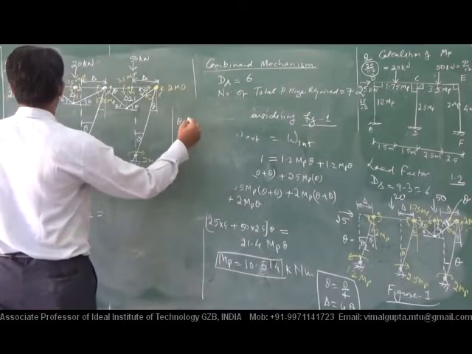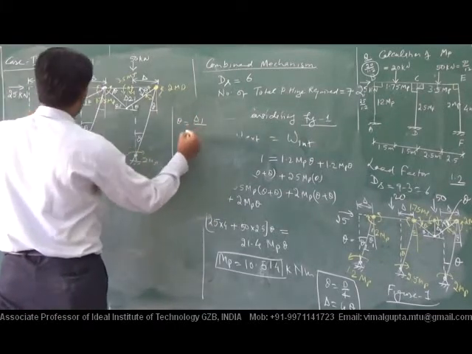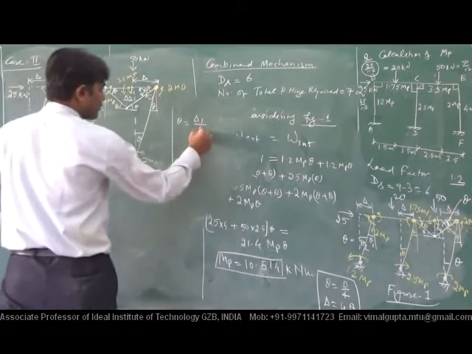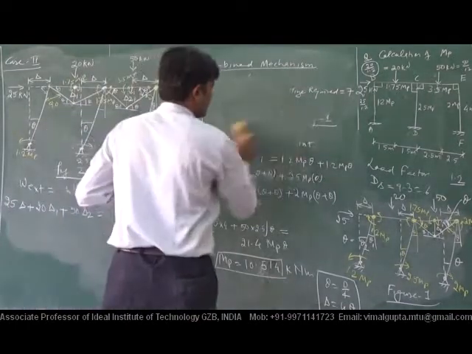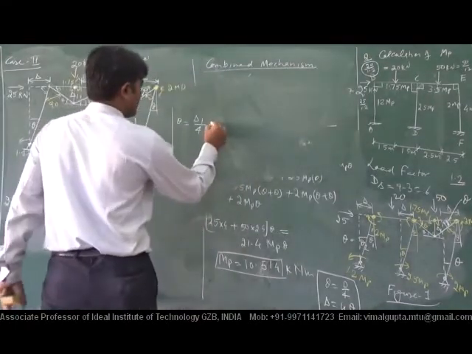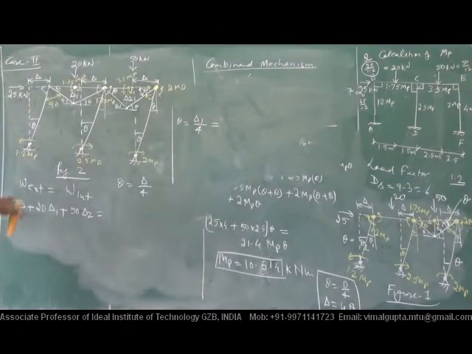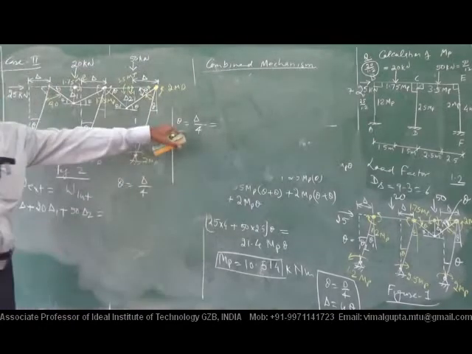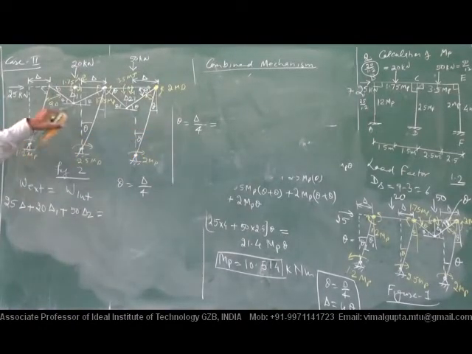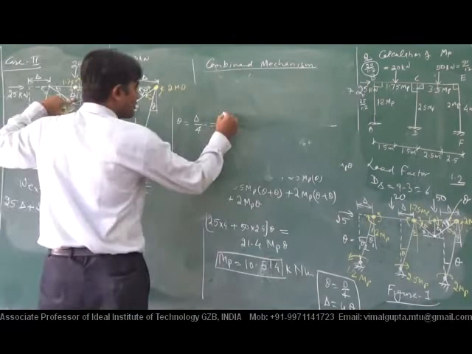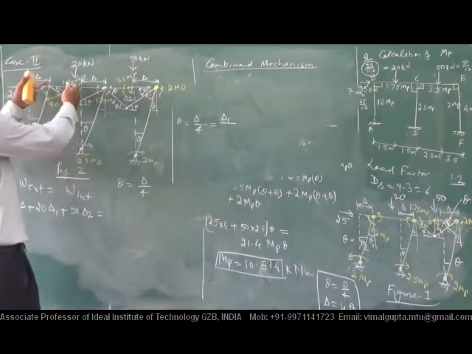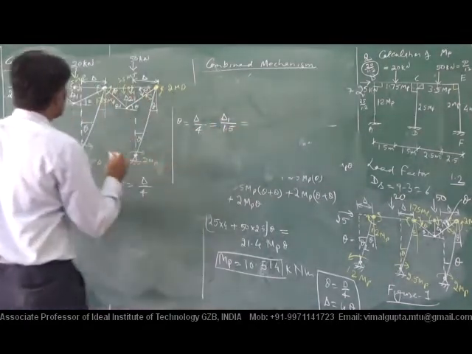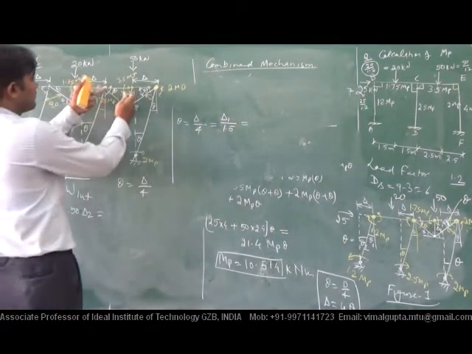Theta equals del by 4, equals del 1 divided by this one distance, which is 1.5, equals del 2 divided by 2.5.